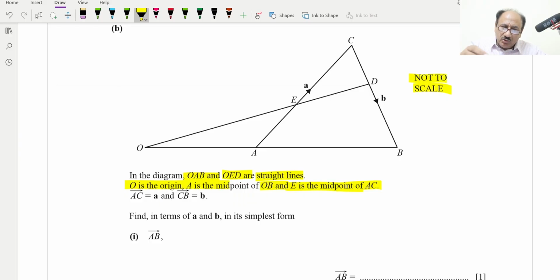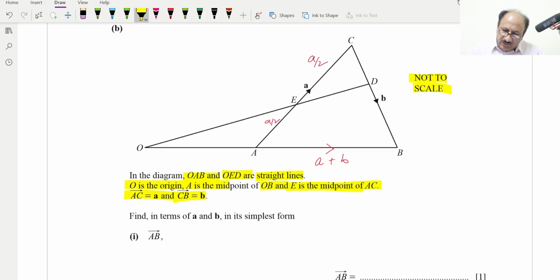So E is the midpoint, so we can write EC as a by 2, and this one also as a by 2, and AB we can write as vector AC plus CB, so this will be a plus b. We are just writing the information. So AC is equal to a and CB is equal to b.